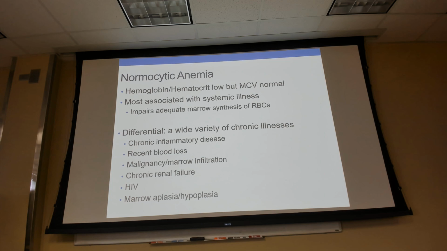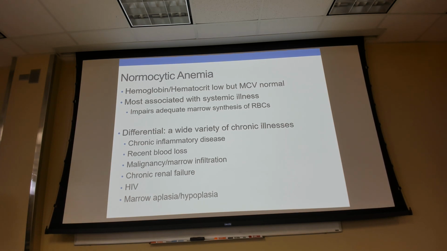A very quick word on your normocytic anemias. If you have low hemoglobin and hematocrit, so they're anemic, but the size of your individual cells is normal, you need to go looking for something else in these kids. It's telling you, well, we're making sort of normal cells, we're just not making enough of them, so something else is functionally going on.